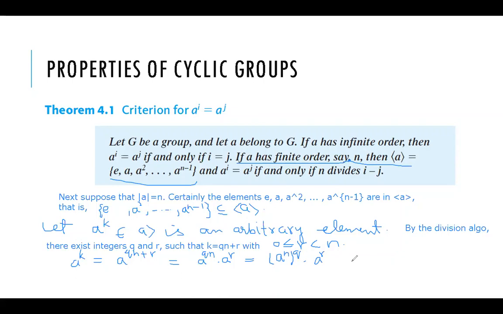And since A power n is identity, as we supposed that the order of the element is n, this is identity, and identity power q is identity again, and identity multiplied by A^r is A^r. So I'll skip a few steps. A power k is equal to A power r, and since it is an element of this subgroup, this means A^r is also an element of this subgroup.